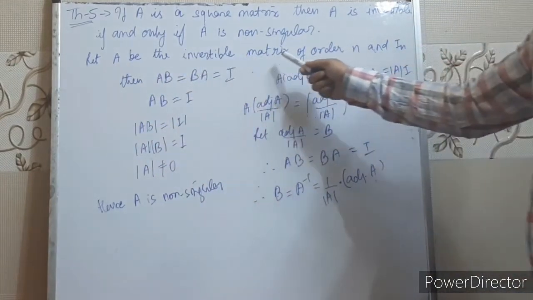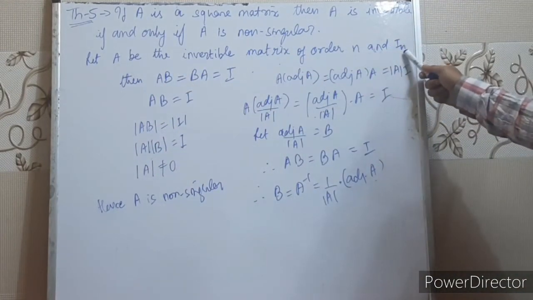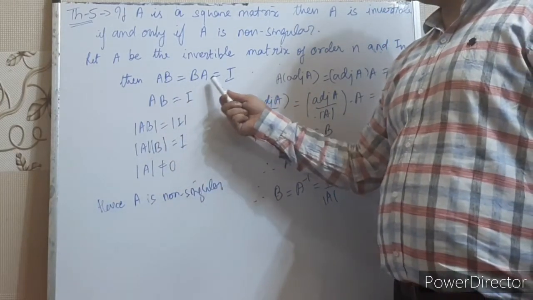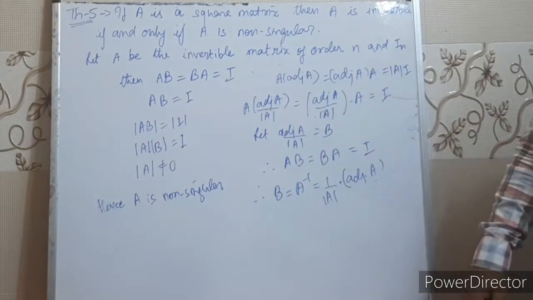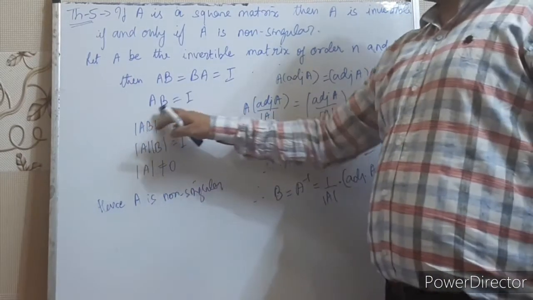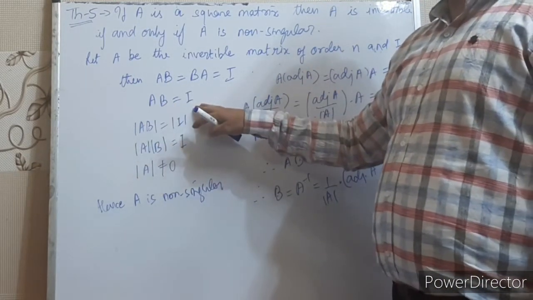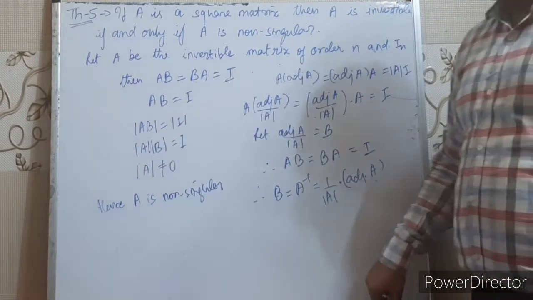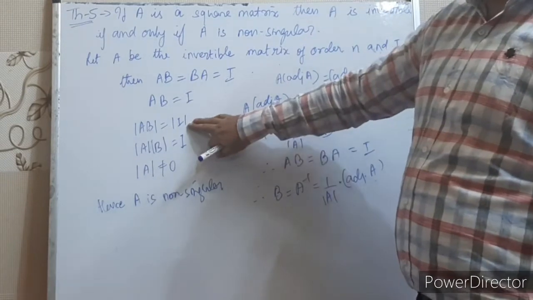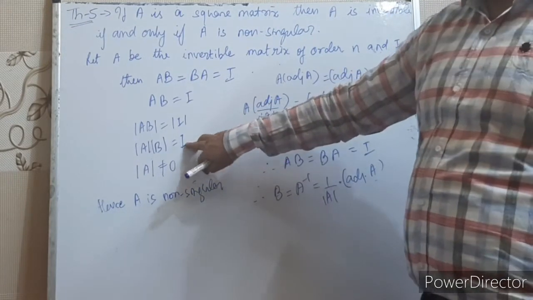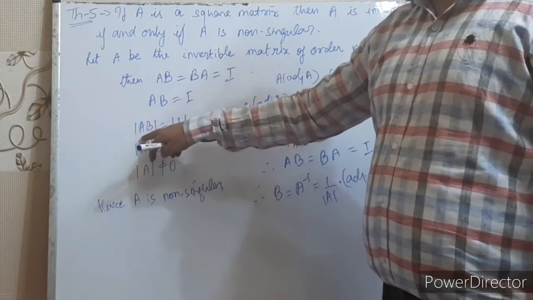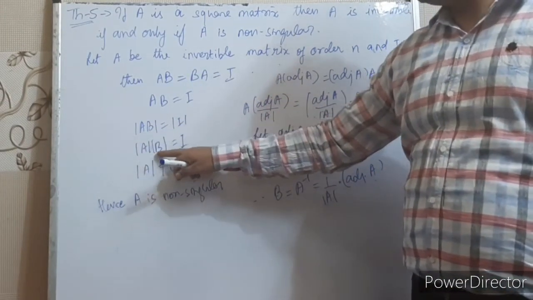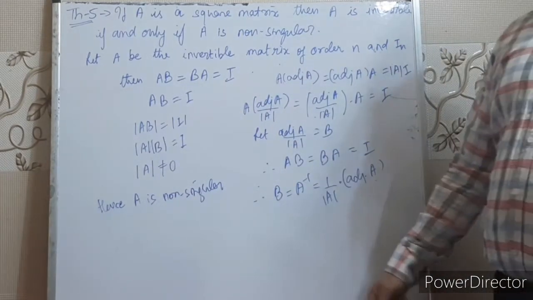Let A be an invertible matrix of order n and identity matrix I of order n. Then we can say that AB equals BA equals the identity matrix. Right children? So when AB equals the identity matrix, then determinant of AB equals determinant of I, and we know that the determinant of the identity matrix is 1, and from the properties of determinants we can say that determinant of AB equals determinant of A into determinant of B. Right children?